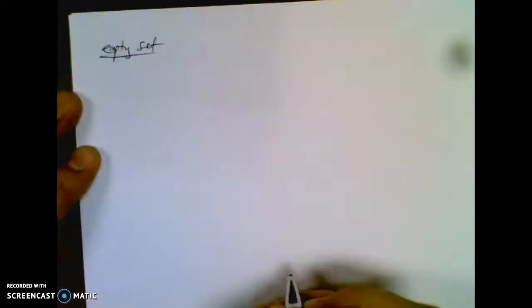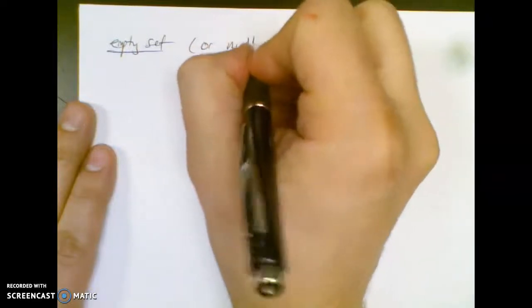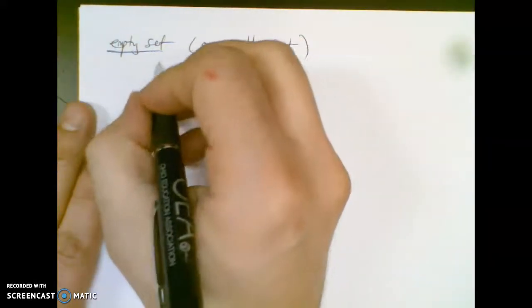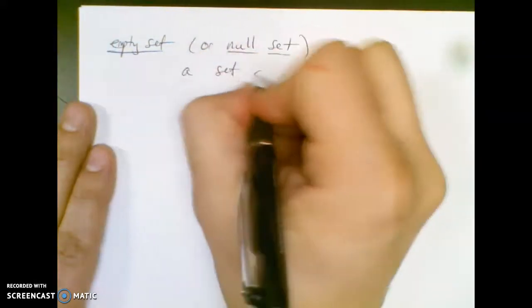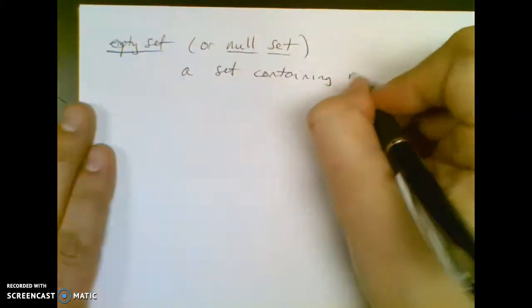One is the empty set. The empty set, or null set, if you do computer programming, you see the term null, and it means this thing. It is a set containing no elements.